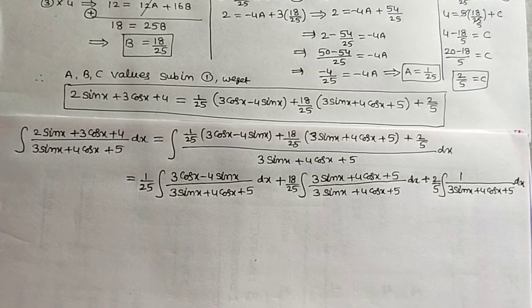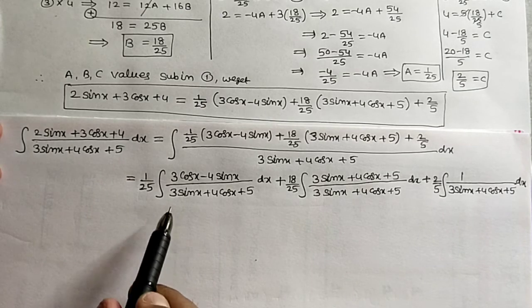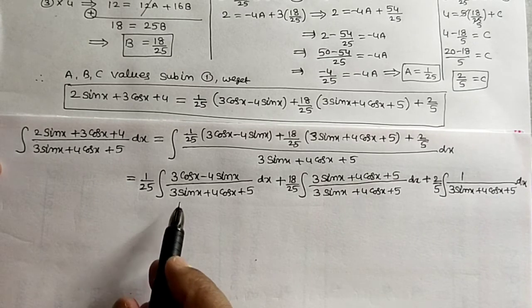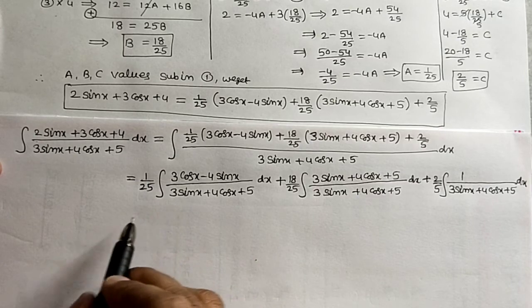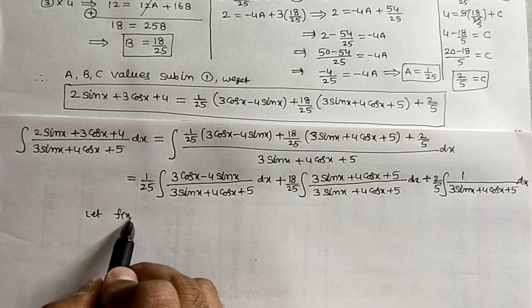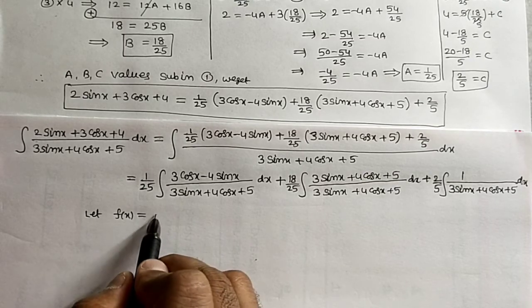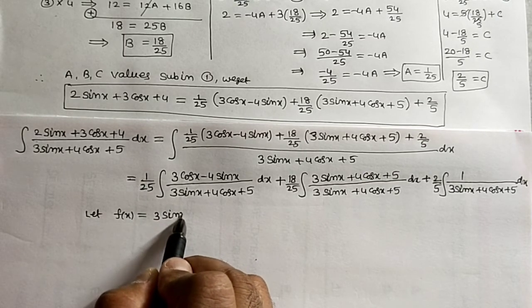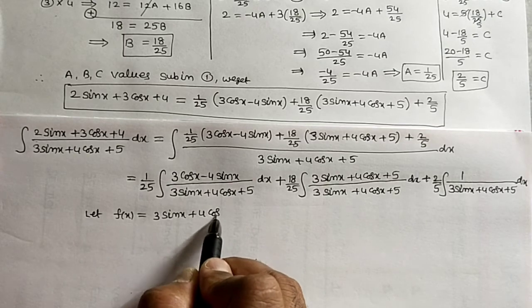After reaching this step, observe the first integral. Here, let f of x be the denominator 3 sin x plus 4 cos x plus 5.